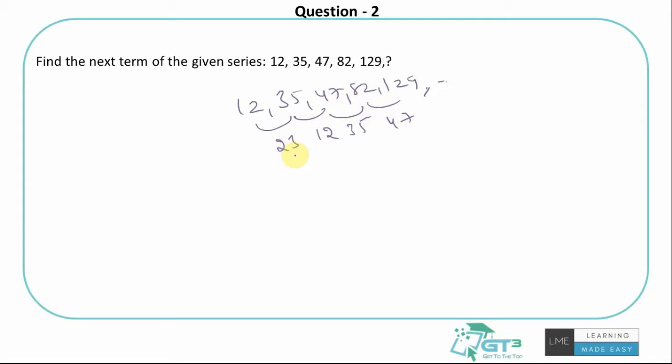So here I don't see much of a pattern per se. 23, 12, I'm going plus 23 and again I'm going plus 12. So even if I subtract, I get 34 and then 35 and things like this. It's not much of a pattern per se.